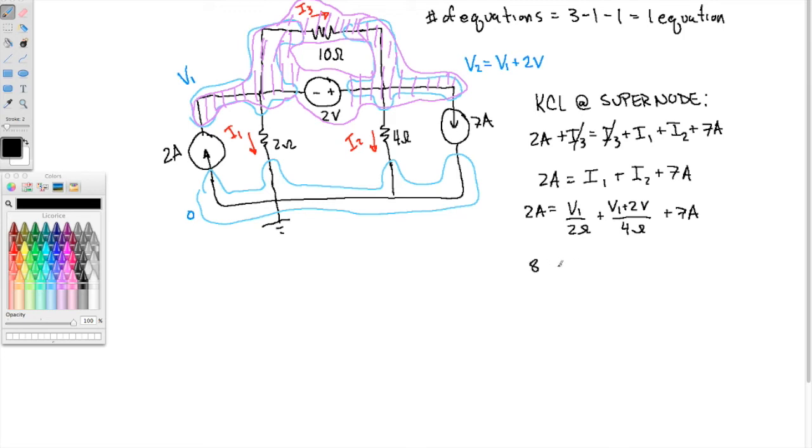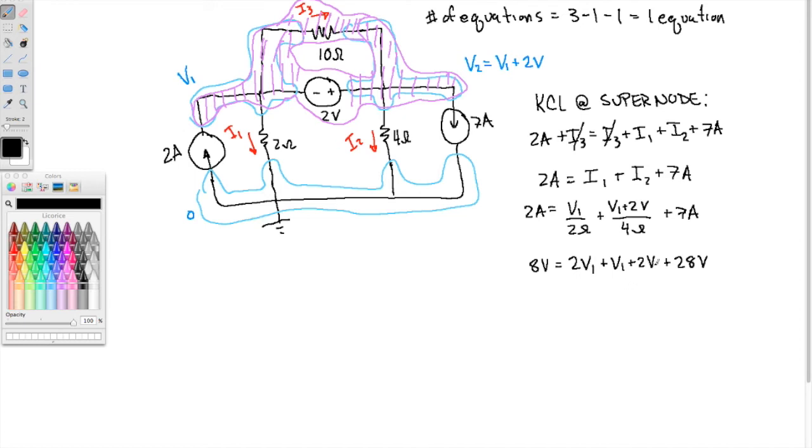So this becomes 8 volts equals 2V1 plus V1 plus 2 volts plus 28 volts. Get the constant terms to the left, so this becomes minus 20 volts equals 5V1, no, excuse me.